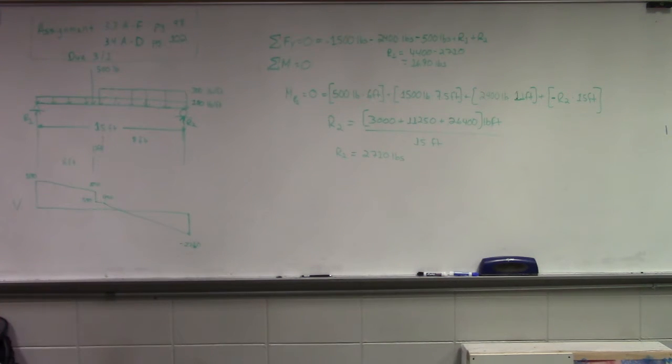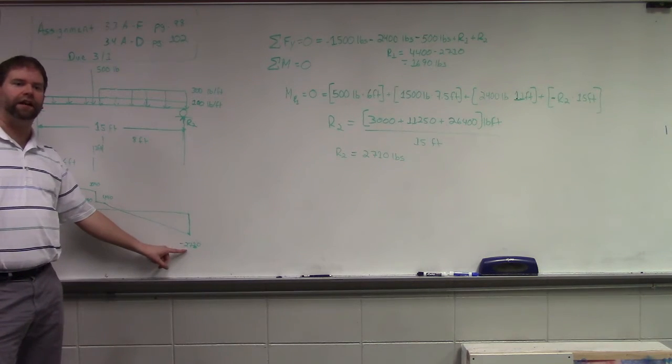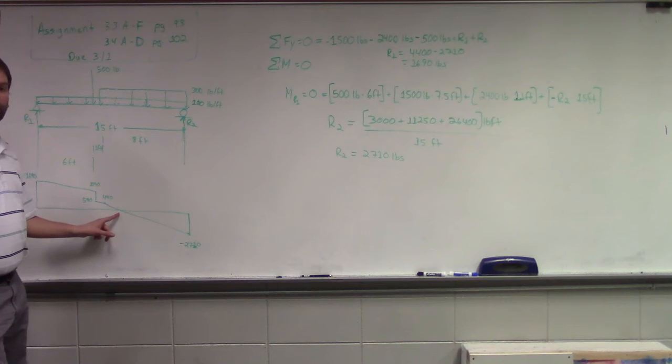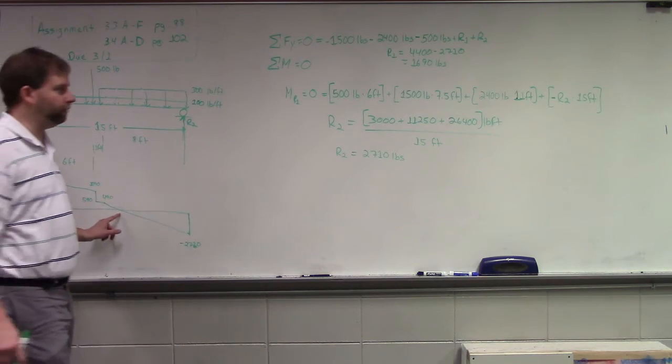So how would you like to do that? If you know that it's 2710 here, and zero there, how much is it changing? 400 pounds, right?